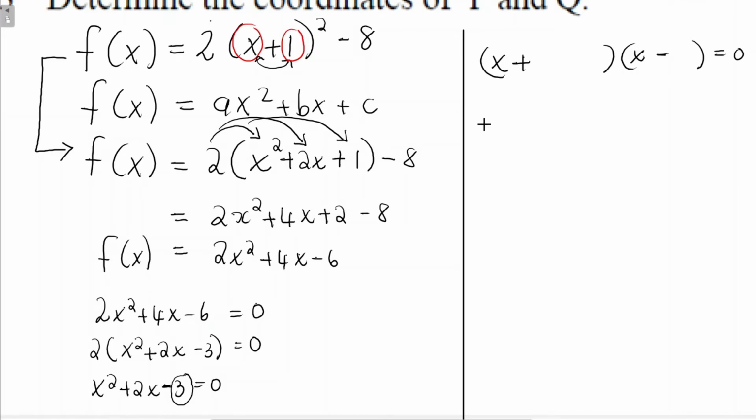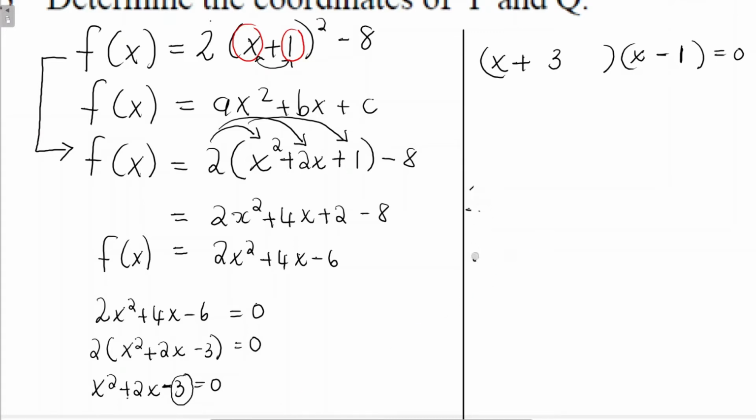Okay, so what are the factors of 3, guys? The factors of 3 are just 1 and 3, right? So plus 3 and minus 1 gives us a positive 2. And then plus 3 multiplied by negative 1 gives us a negative 3, right? So we have basically factorized that.